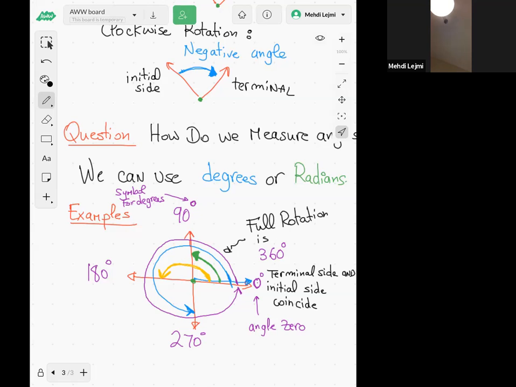Now, as I said, we can measure angles using degrees or radians. What's the relation between degrees and radians?